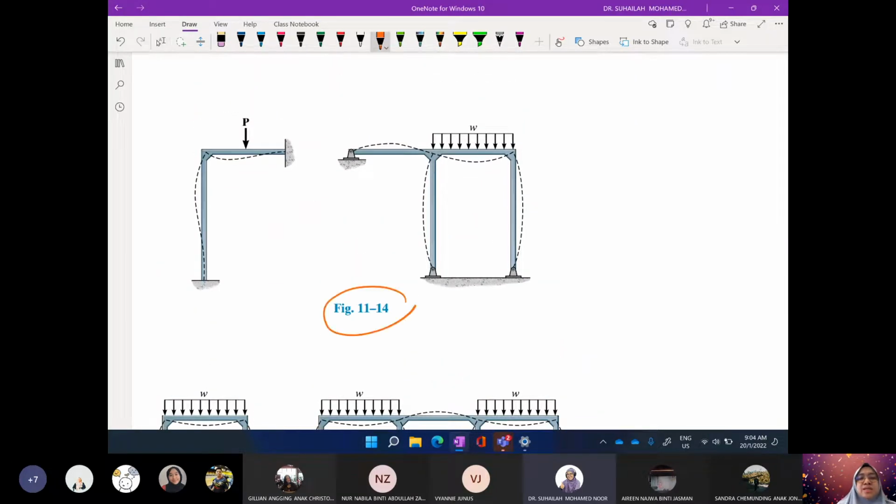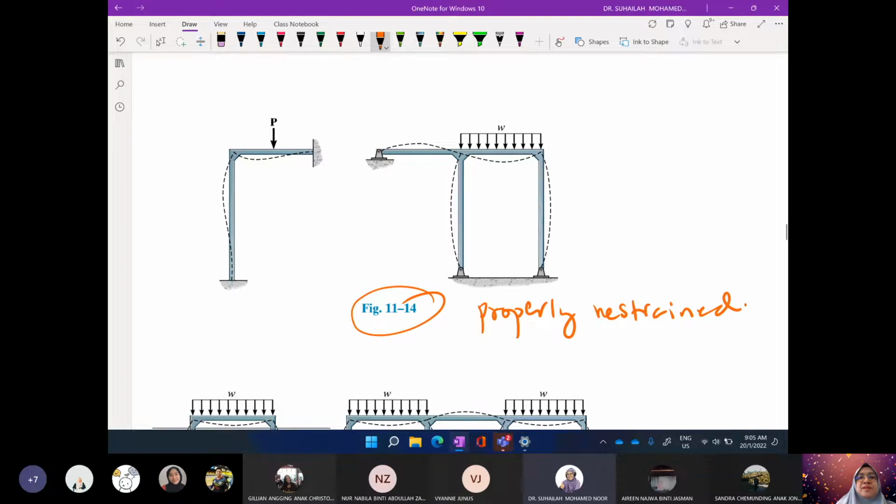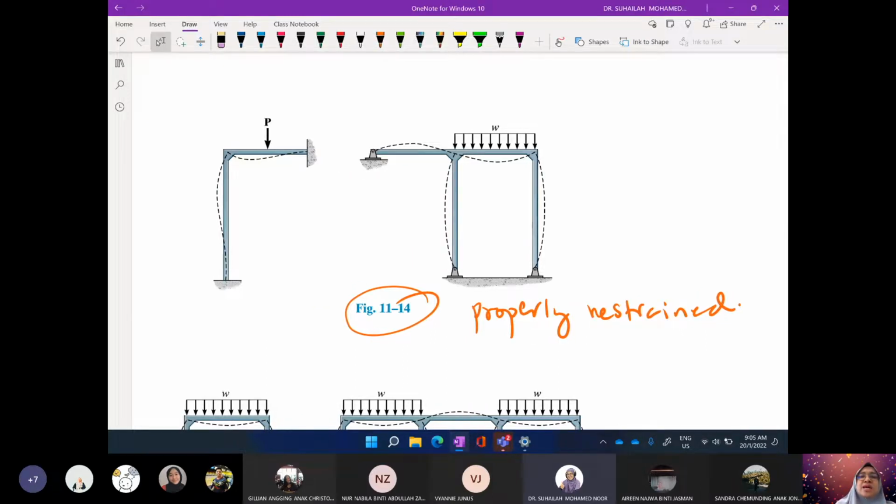Okay, so this one is under category number 1, properly restrained. Properly restrained means there is a restraining force, which comes with a support. So this is the restraining force, R. It will exist whenever there is a support.